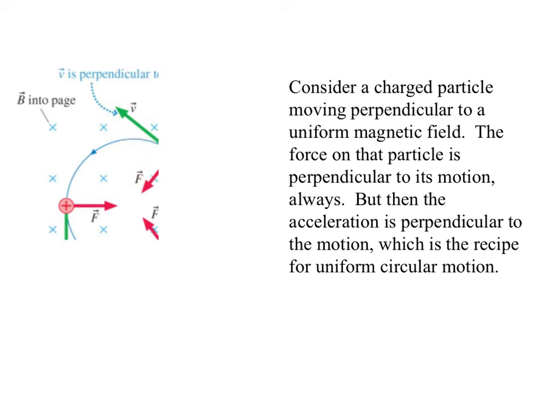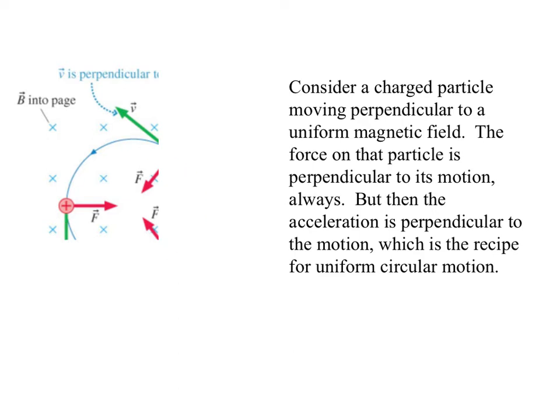And as it curved, that force would swing as well. So at this point, moving due west, it would feel a force due south, etc. Moving due south, it would feel a force due east. The force on the particle is always perpendicular to the motion. But having a force which is always perpendicular to your motion is the recipe for uniform circular motion. So this particle is going to go around in a circle as long as it's in that uniform magnetic field.